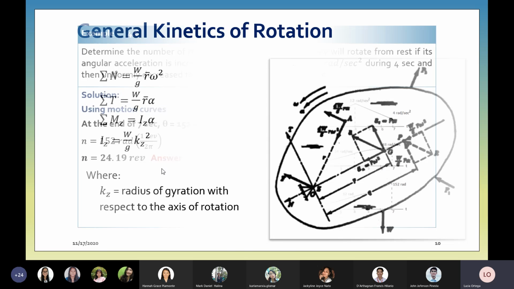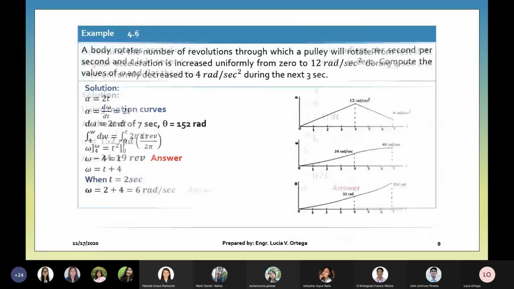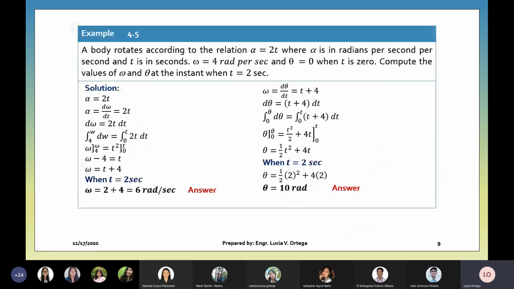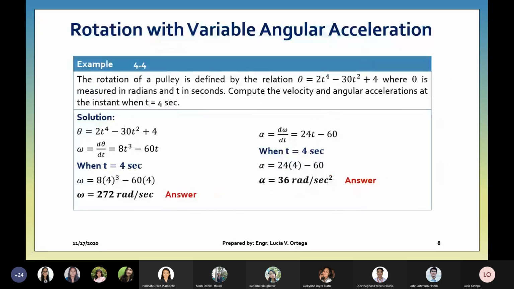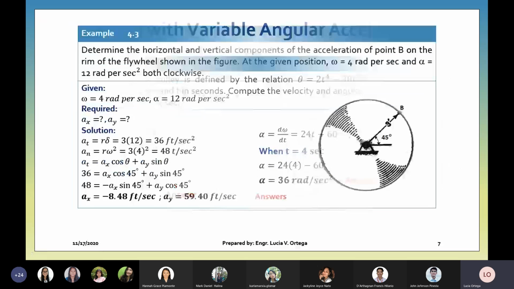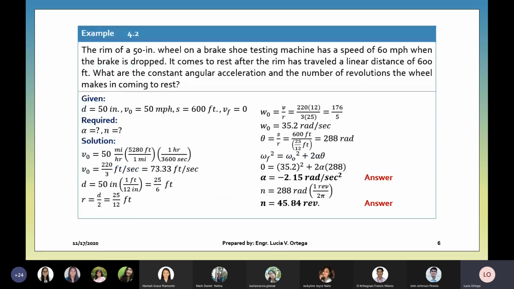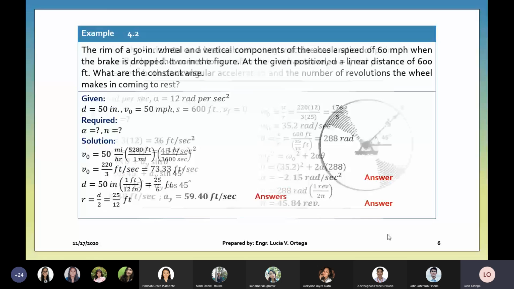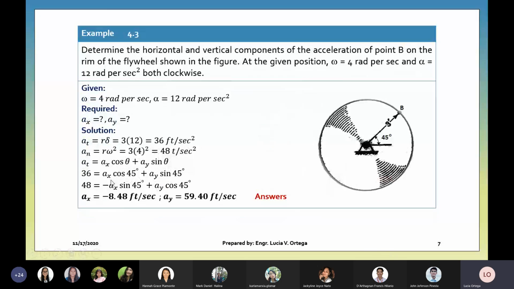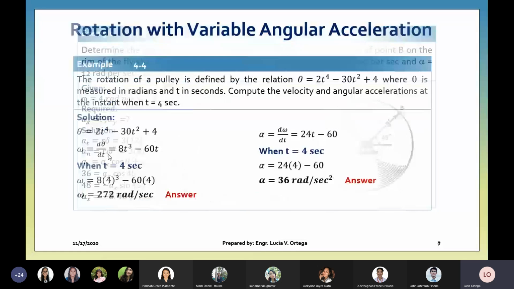Let's go back to the equation. Normal acceleration is R omega squared. Okay. So that is the equation.